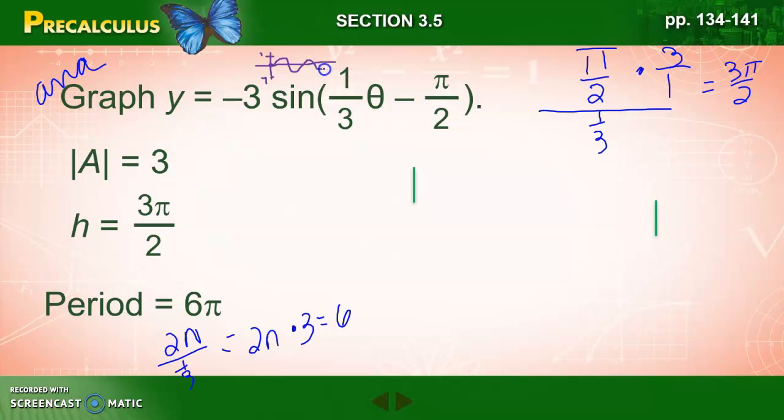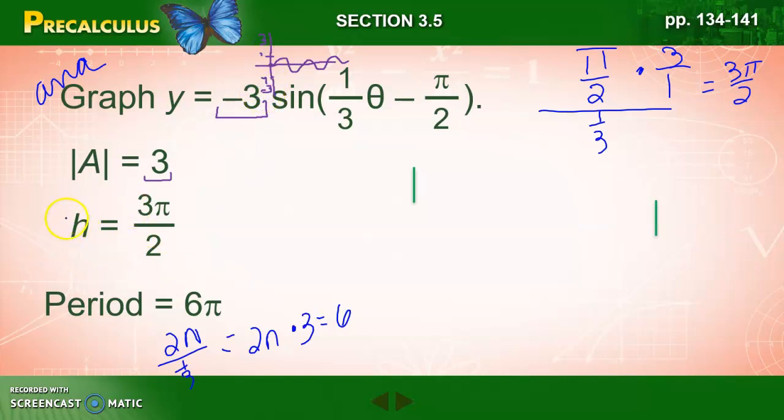So it's got this general look if we had to sketch it. So let's get that image in our head. Now that's with an amplitude of 1, but according to this, our amplitude is negative 3, so it's going to be reflected over the x-axis, but still an amplitude of 3. So now our function, instead of going up to 1 and negative 1, is going to go up to 3 and down to negative 3.